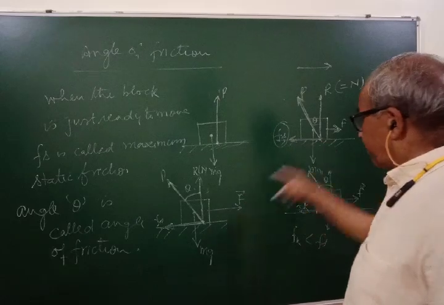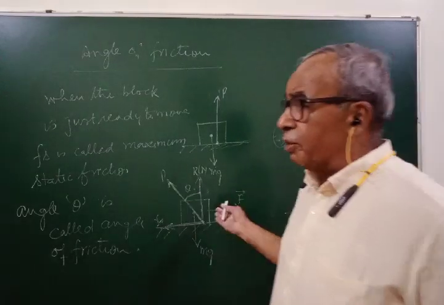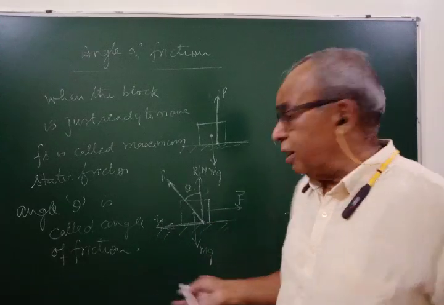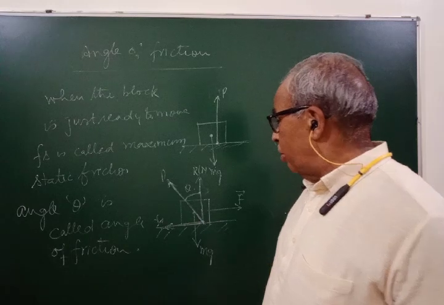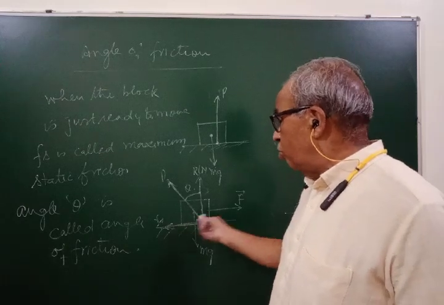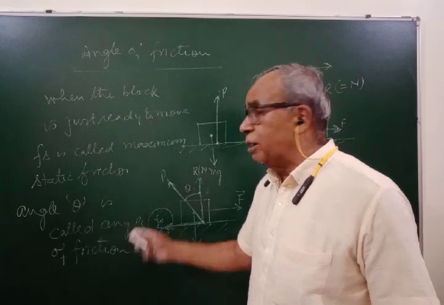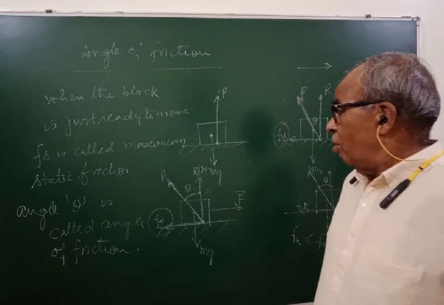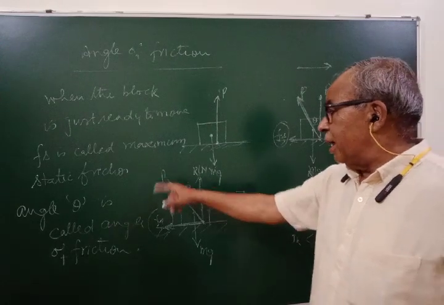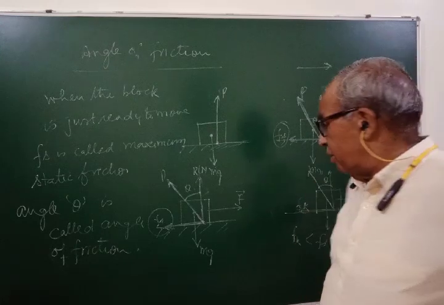Now if we increase F further, then the reactionary force further gets inclined away from vertical. And here the block may be ready just to move. In that condition, this Fs static friction will be maximum. And this angle, which gives the inclination of reactionary force from vertical, is called here angle of friction.